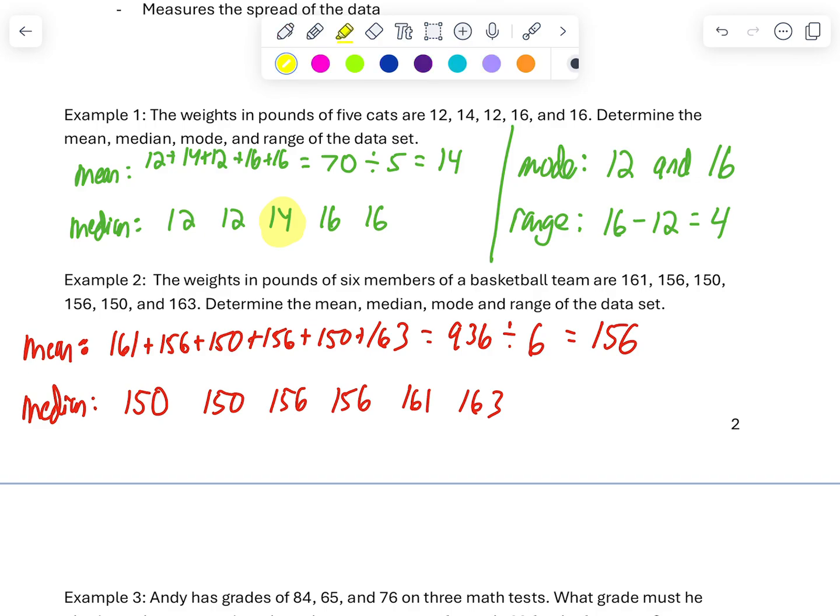So the 2 middle numbers I am highlighting now in yellow. So I need to find the mean of those. So I would do 156 plus 156. And then divide that by 2. So when I do that, because of the same number, I just arrive back at 156, of course, which is okay. That is my median.